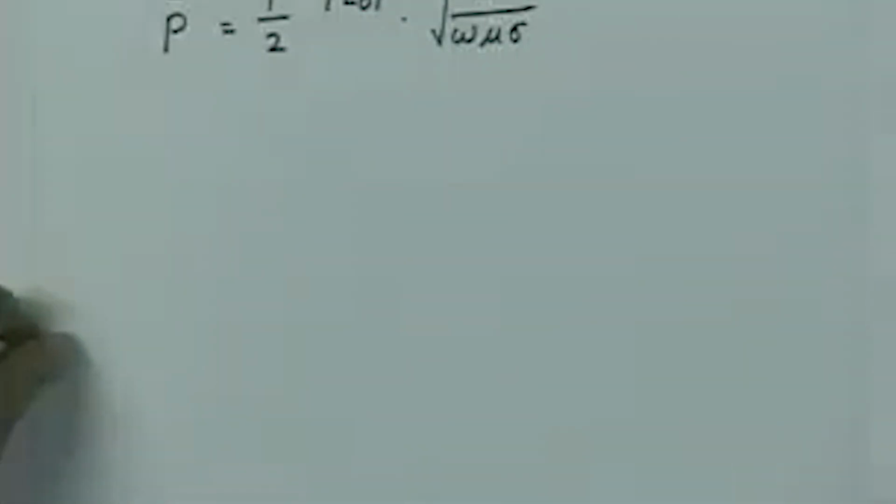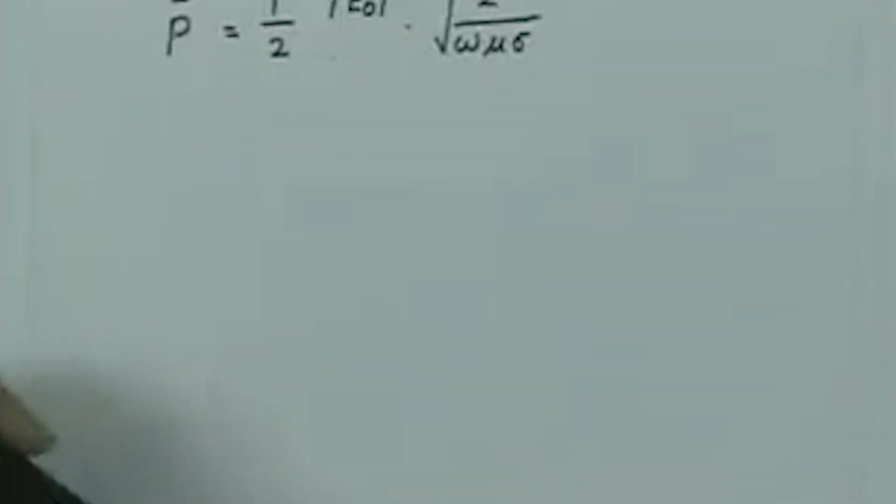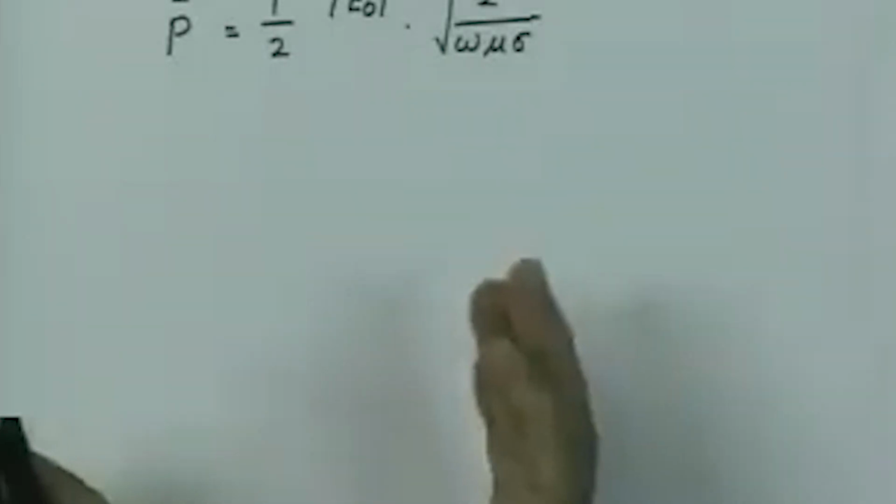So, this expression is exactly same as what we have got from our surface impedance calculation, the power loss. So, essentially we can calculate the power loss either by using the circuit concept, like find the conduction current density, then you find out the ohmic loss, which is I square R loss, or you can use the wave concept to find out what is the power going inside the surface of the conductor, and that power essentially should get lost inside the conductor, because the field at z tends to infinity essentially goes to 0.